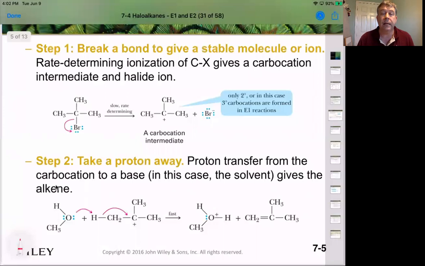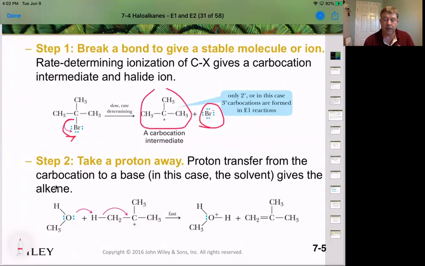So in an E1 reaction, the first thing we're going to do is break the bond to give a stable molecular ion. In that case, we're actually going to remove the electrons from the sigma bond. They leave with the bromine, generating that carbocation. Remember, that carbocation is trigonal planar.